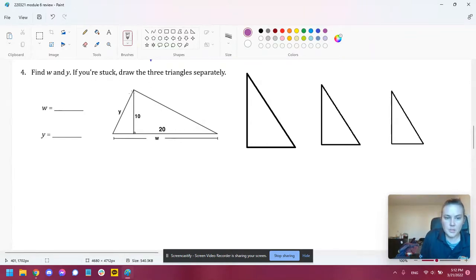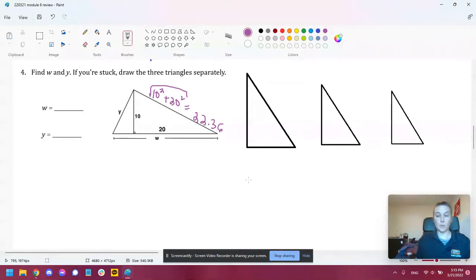A lot of people like to do the Pythagorean theorem first. This is the right triangle, so we can do 100 squared plus 20 squared, and then do the square root, and then round to a couple decimals. Totally fine. That actually might be nice here.